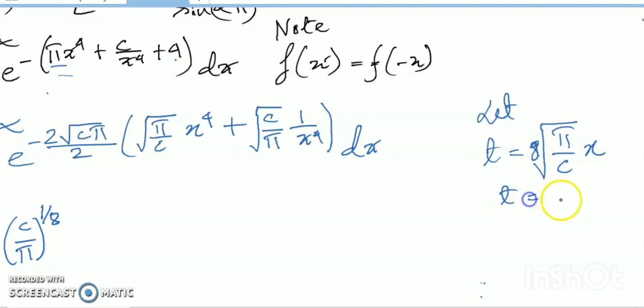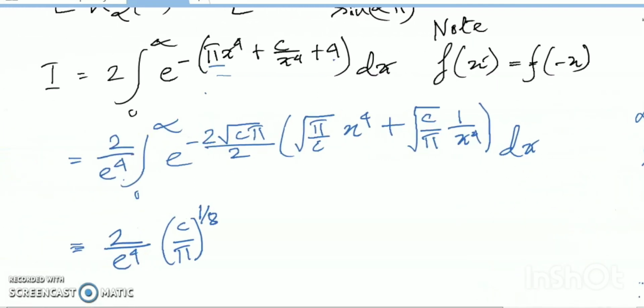So t is equal to pi by c whole to the power 1 by 8 into x. So dt is equal to this, so dt value also I can write.